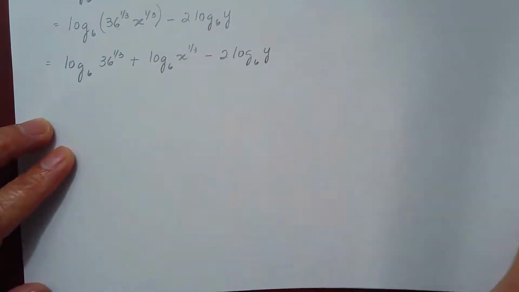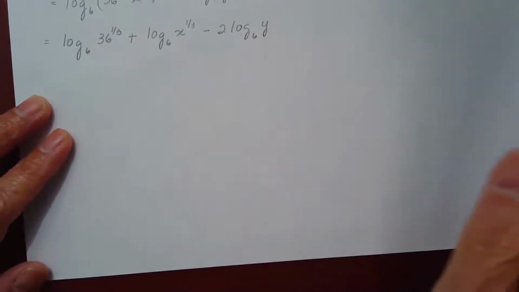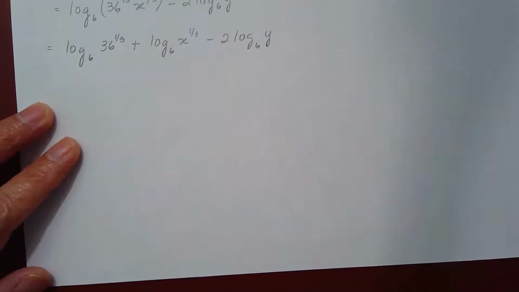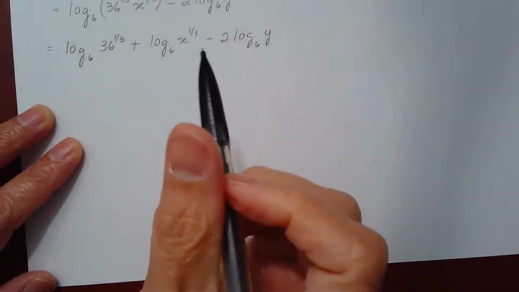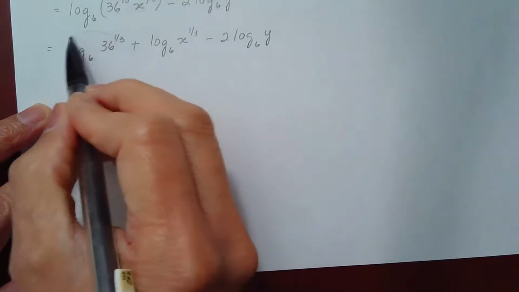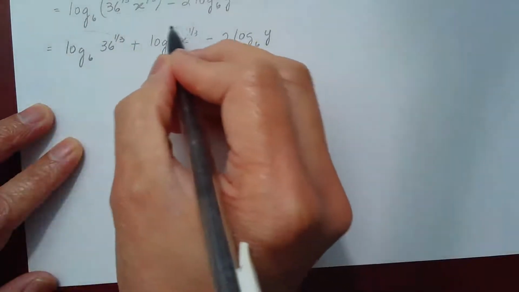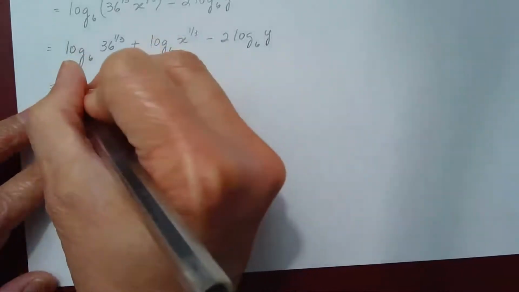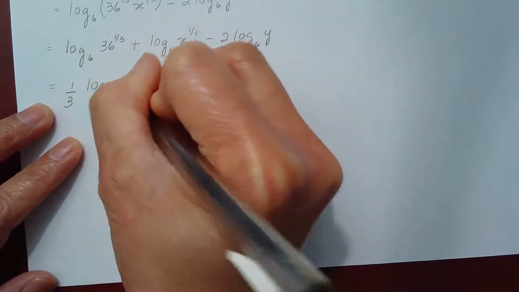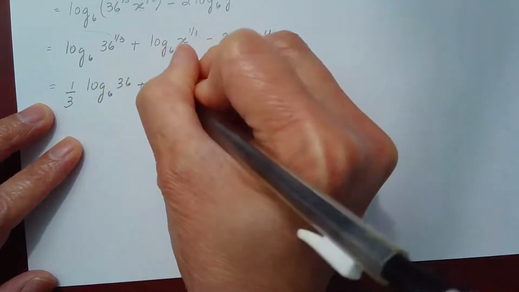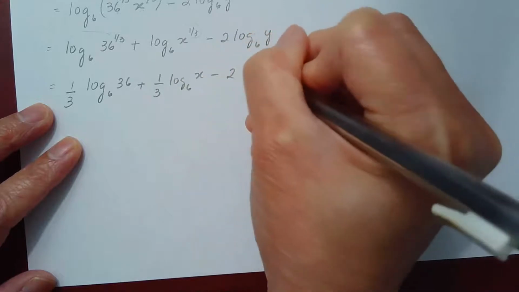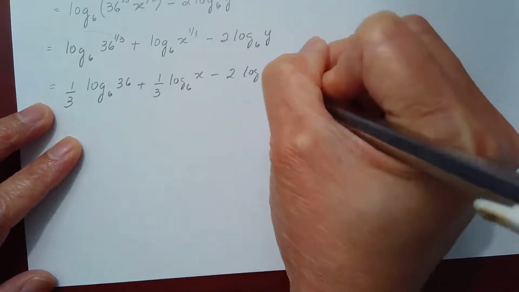Now you'll see it's starting to look a little bit different. This exponent 1/3 I can bring to the front, and this exponent 1/3 goes to the front too. So that becomes 1/3 times log of 36 base 6 plus 1/3 log of x base 6 minus 2 log y base 6.